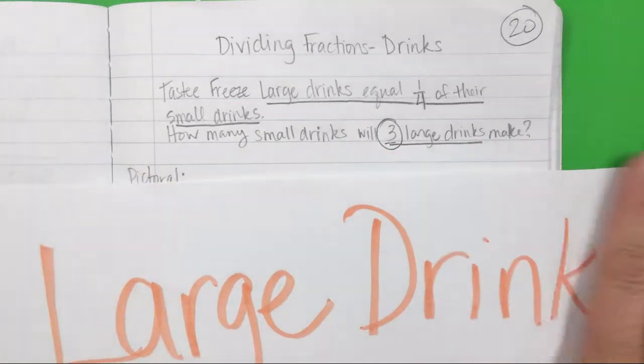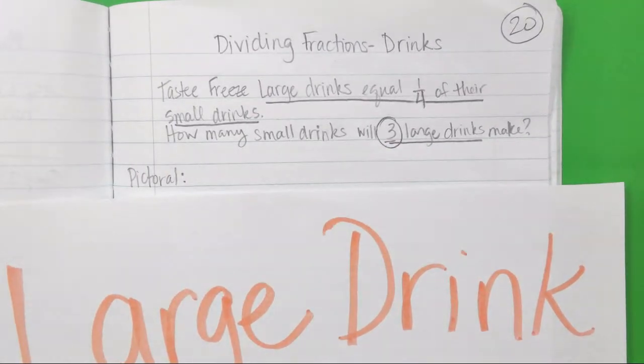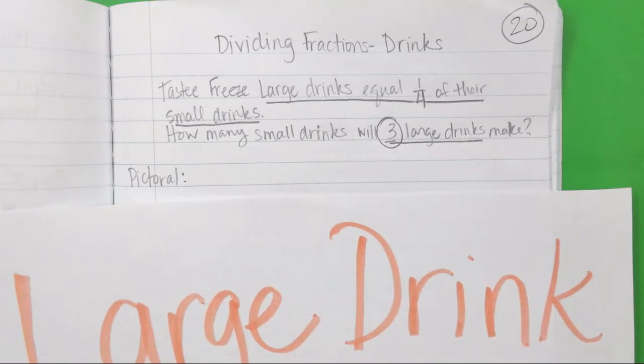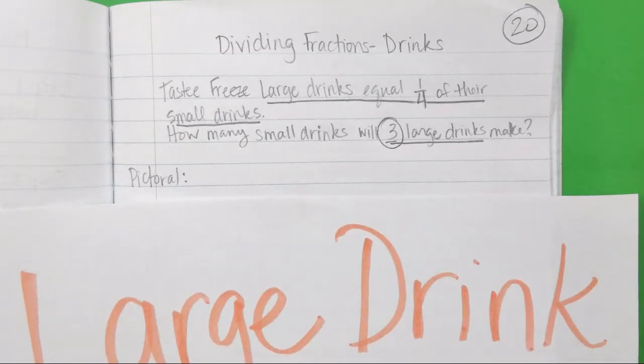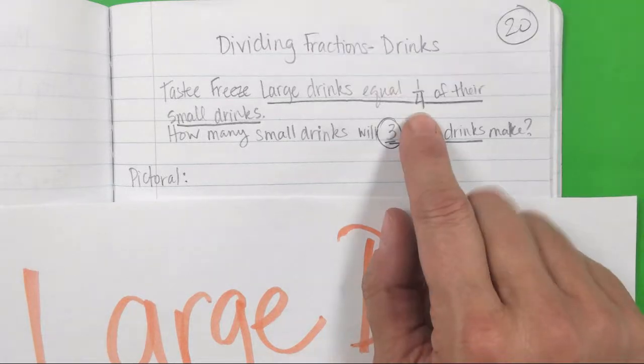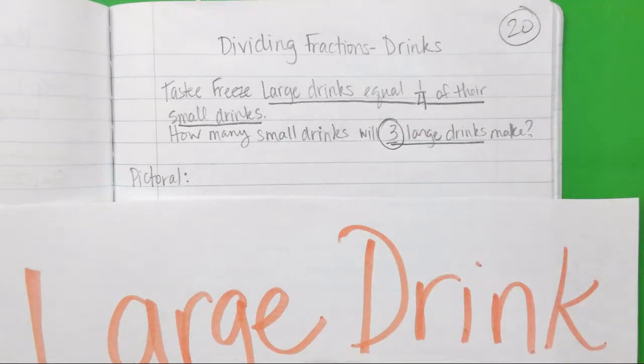So, I have this large drink here, right? How many times do I need to separate this large drink? Did I hear somebody say it? 4 times, right? Because it says that my small drink is 1/4 of the large drink.